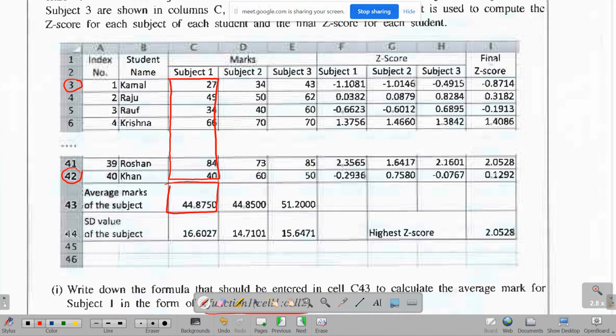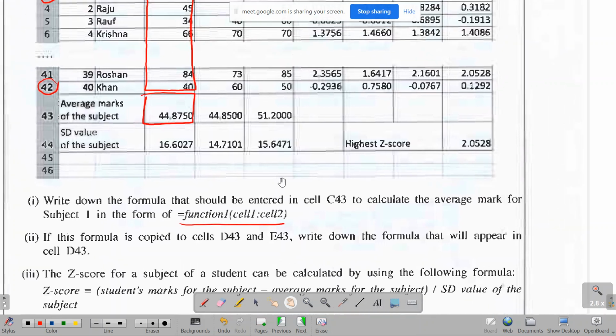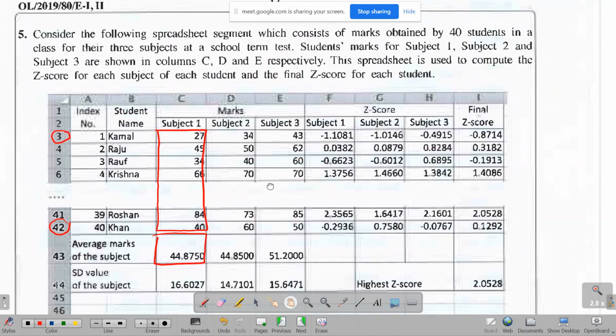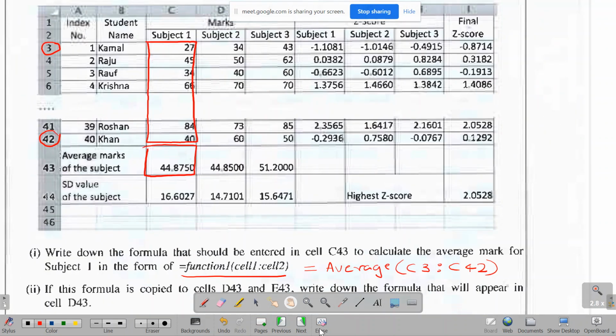So to find the average, we should use the function called average. So we can write equals average, capital or simple does not matter, C3 colon C42. Let me recheck. It is C3 colon C42.